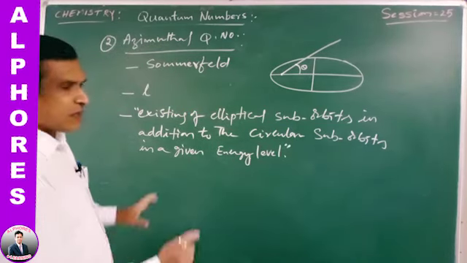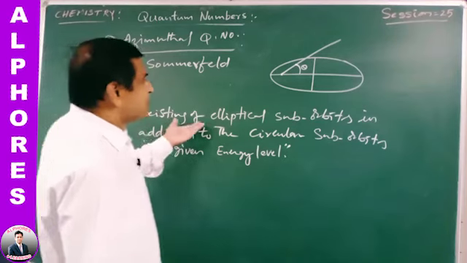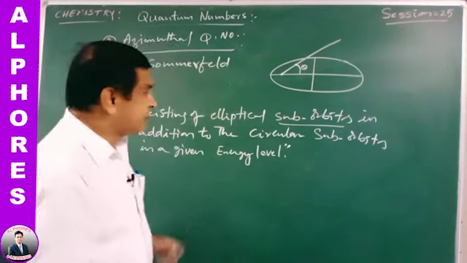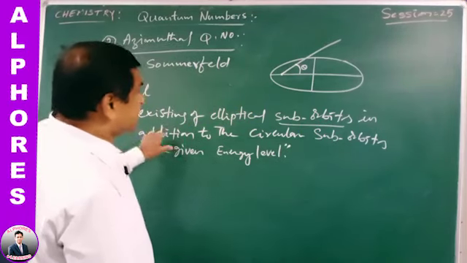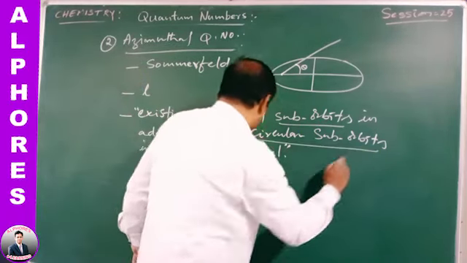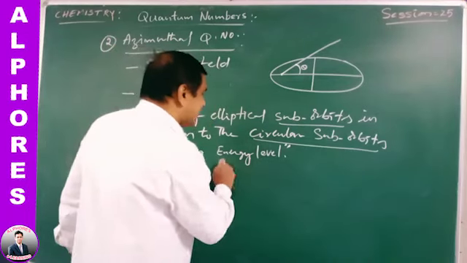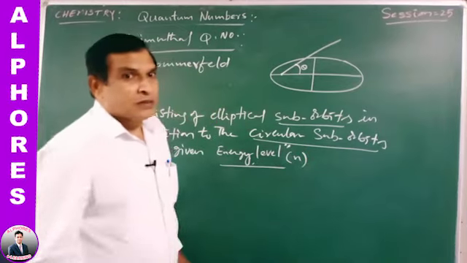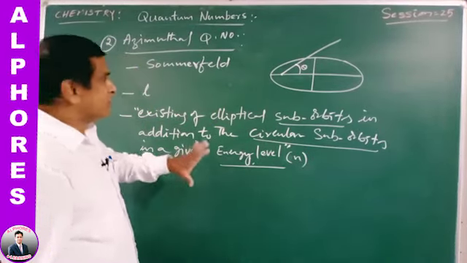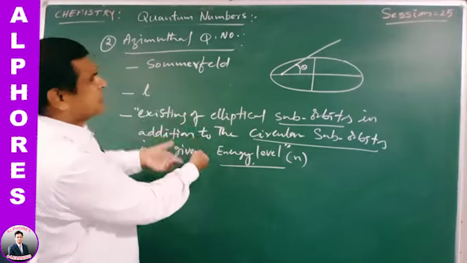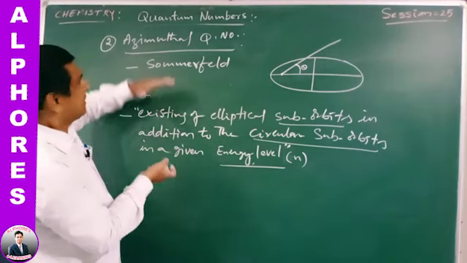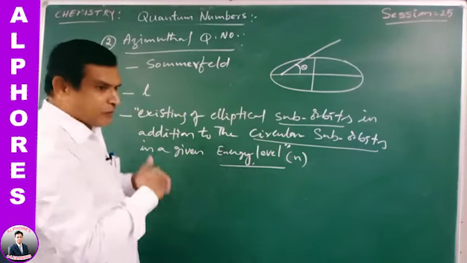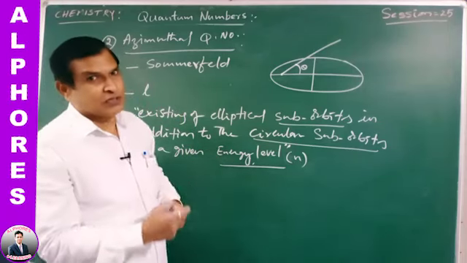Remember, it is a suborbit, in addition to the circular suborbit in a given energy level, that means orbit. We have only started the introduction to the azimuthal quantum number. The details we'll continue in the next session.